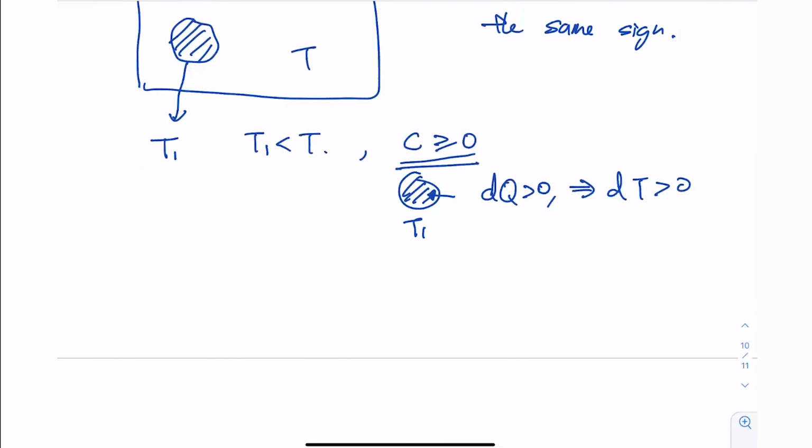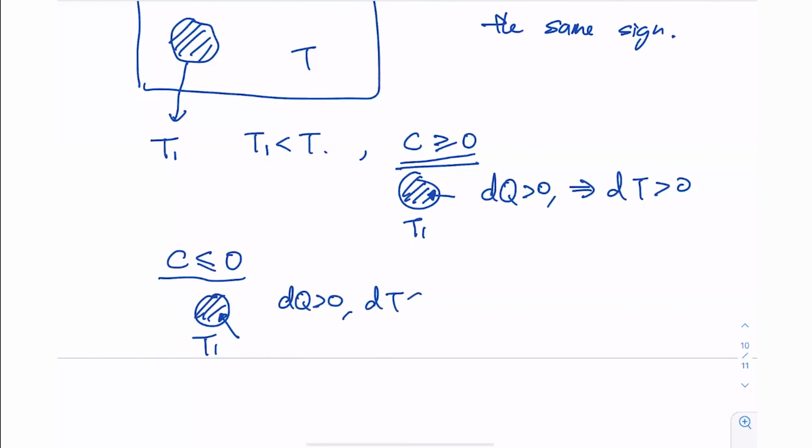But you can ask what happens if C is smaller than 0. When C is smaller than 0, there's a region called T1, and as we know, heat flows from higher temperature to lower temperature, so dQ enters. Here dQ is greater than 0, but because C is smaller than 0, dT will actually be smaller than 0.